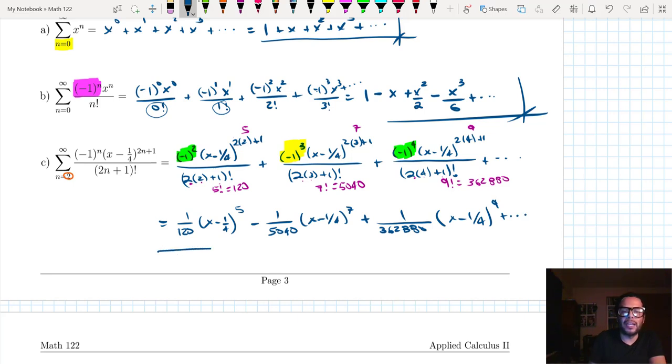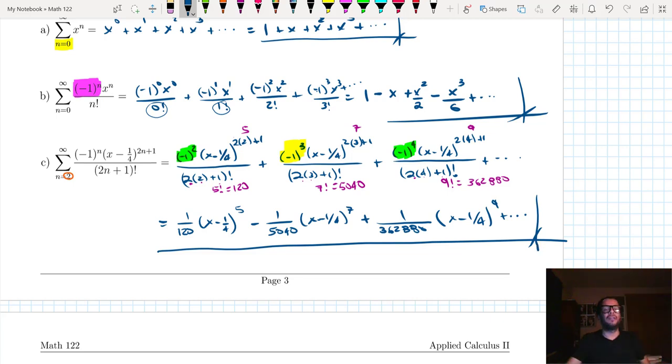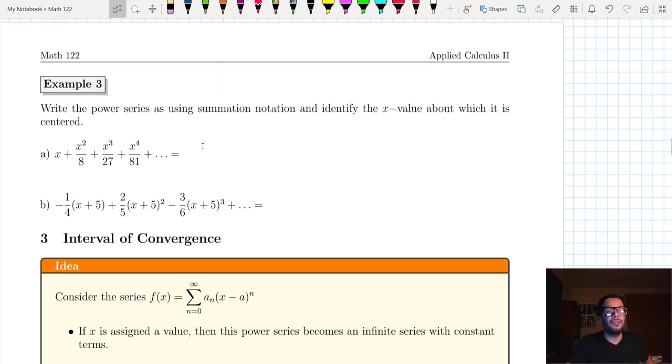We don't need to write any more terms. Imagine how big this denominator would be for 11 factorial. If you want to have more fun, go ahead and write more terms, and the factorial symbol, you can find it on any calculator.